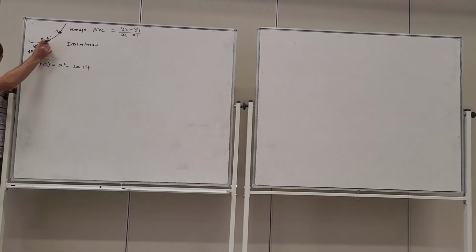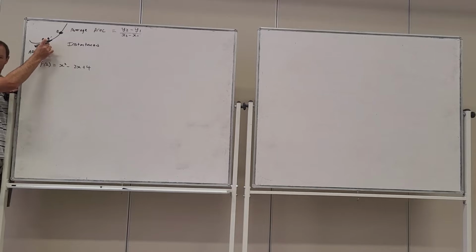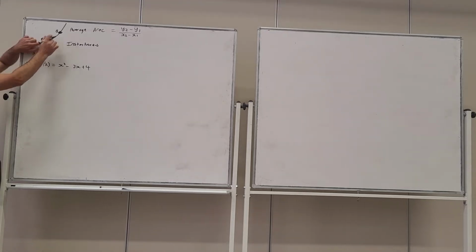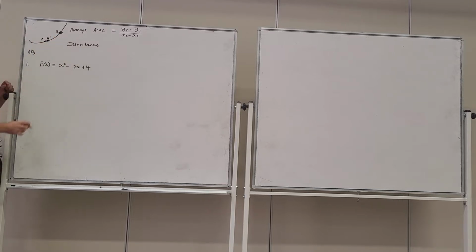AB prime is going to be a better indication of the slope than AB would be.